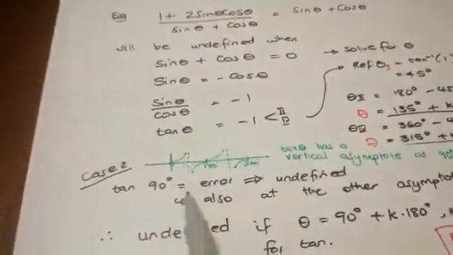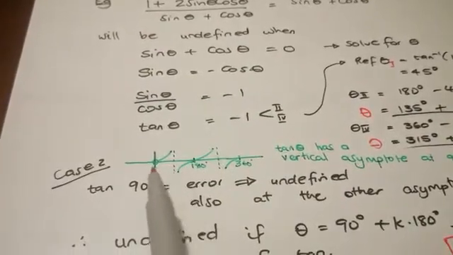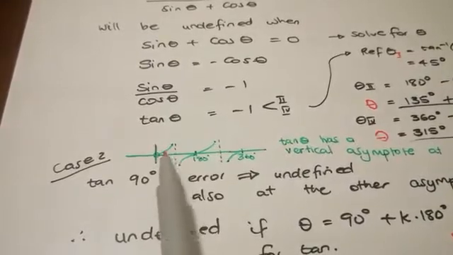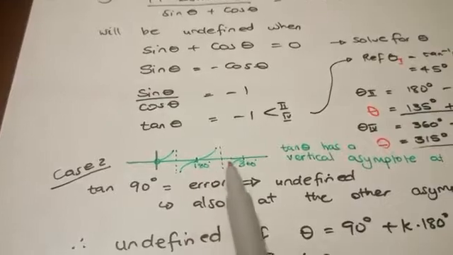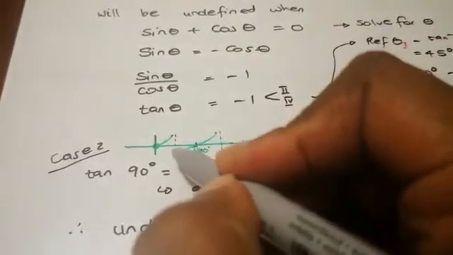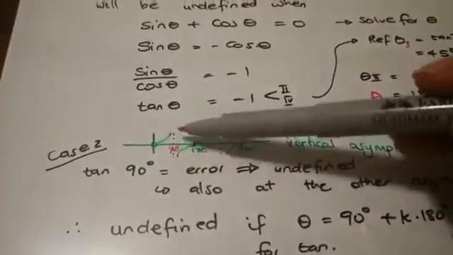Right, case number 2 is the case that involves tan. If we look at the graph of tan, it looks like that. We know that the period for tan is 180. The graph has a vertical asymptote at 90 and a vertical asymptote at 270. So this value here is 90, where there's the vertical asymptote. That means the graph doesn't touch.